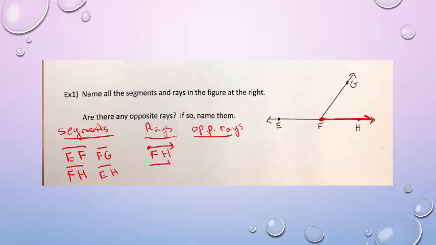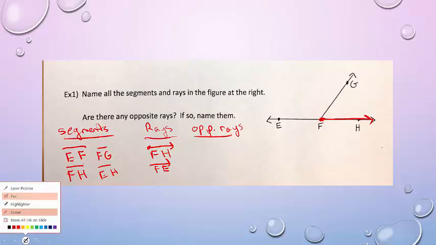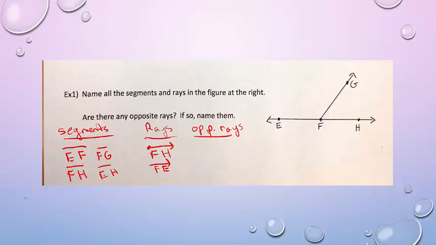We also have ray FE. So it starts at F and goes towards E. Or we could also say ray FG. So we could call them that.